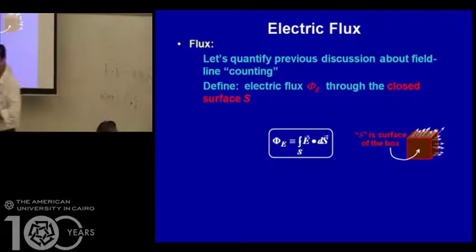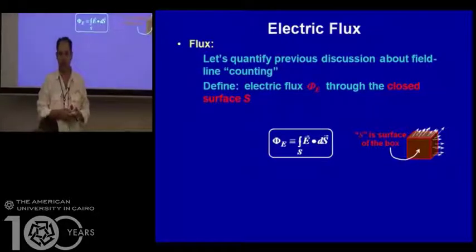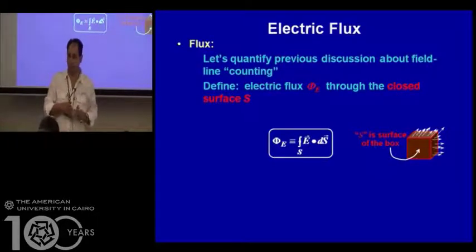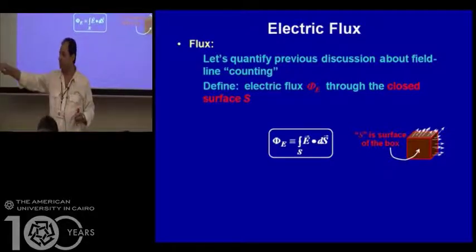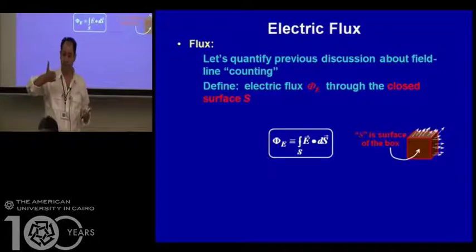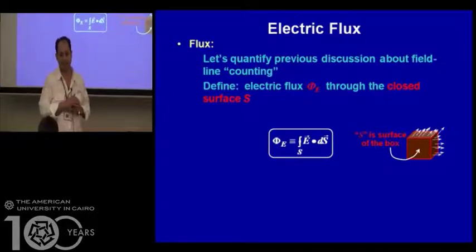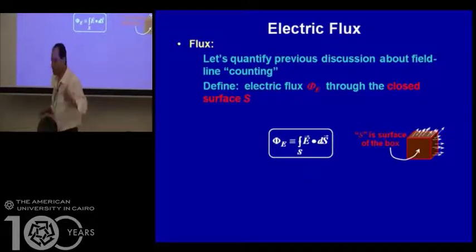So the electric field from a point charge is not a constant quantity. Later on, we'll find out that the electric field from an infinite plane that has some charges on it is constant. We'll prove that.